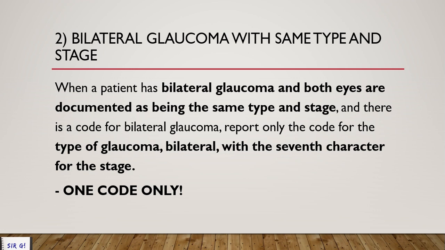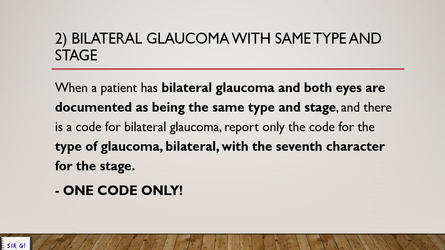Do not code the right and the left separately if we have a bilateral option and we are talking about the same scenario. We have the right, the left, and the bilateral. Now, if it's the same type and same stage, instead of using the right and the left, use the bilateral one.